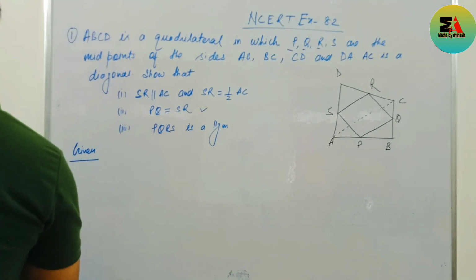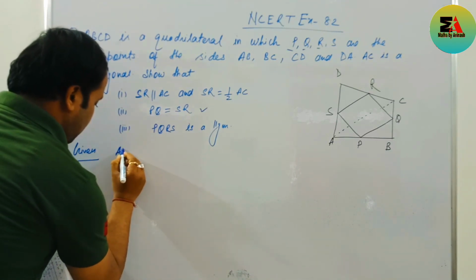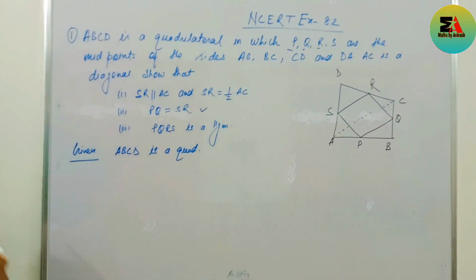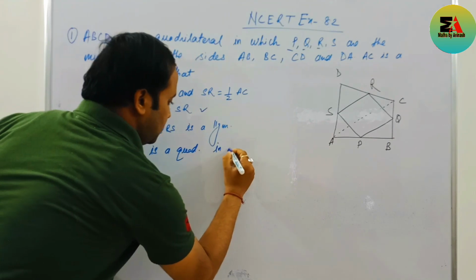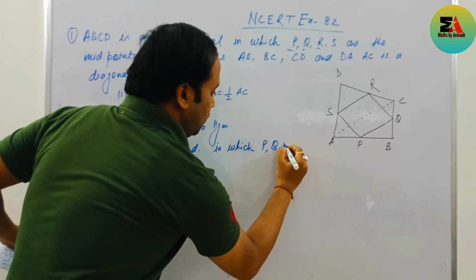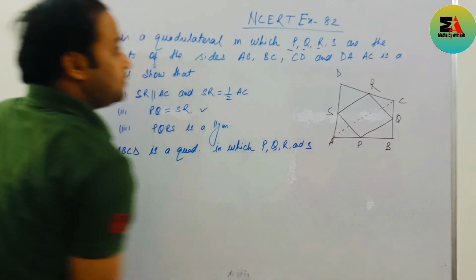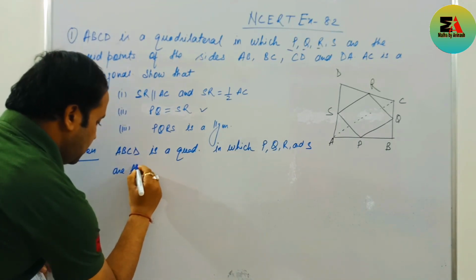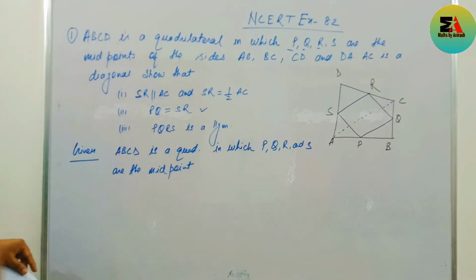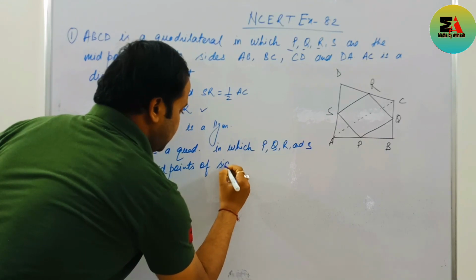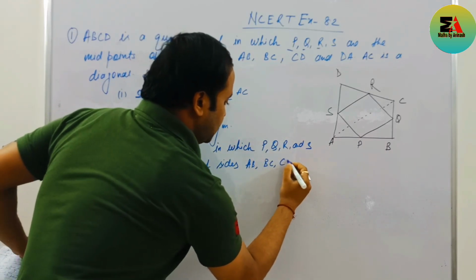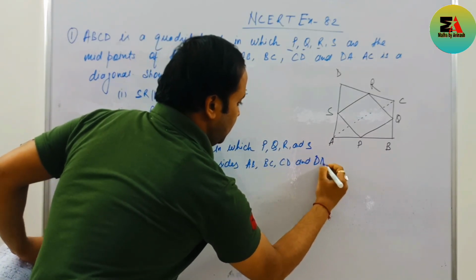What is given? ABCD is a quadrilateral in which P, Q, R and S are the midpoints of the sides AB, BC, CD and DA.